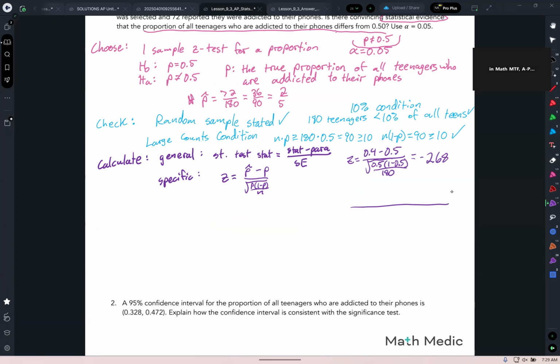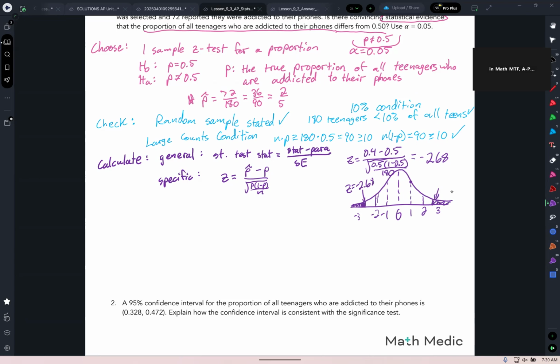Now, always draw your normal curve. And because it was a not equal to, we weren't sure what it would actually be. All right, so there's my negative 2.68, and so I also have to mark positive 2.68.